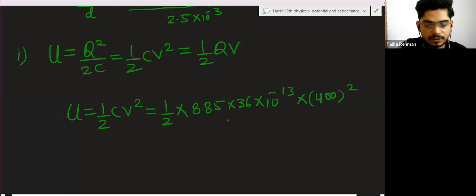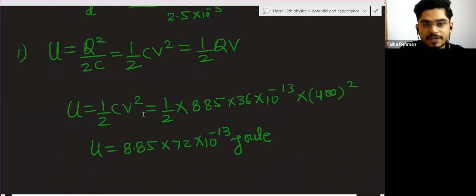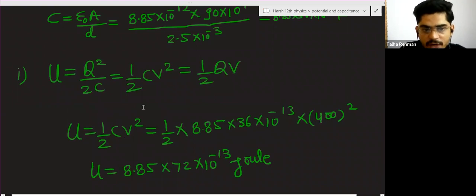We will get the electrostatic energy as U is equal to 8.85 into 72 into 10 to the power minus 13 joule. So this is the answer. We can multiply this and get the answer. This is very simple. And why have I used this formula? Because we have capacitance and we have voltage.